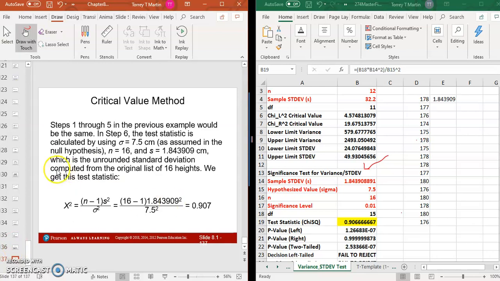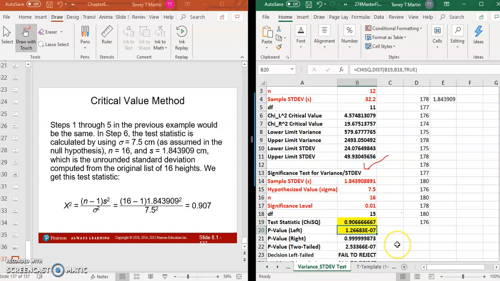Okay, so our chi-squared is going to be 0.97907, if I round this up. So this will be my chi-squared. Notice I was looking for a left tail, so I'm mostly interested in this guy.